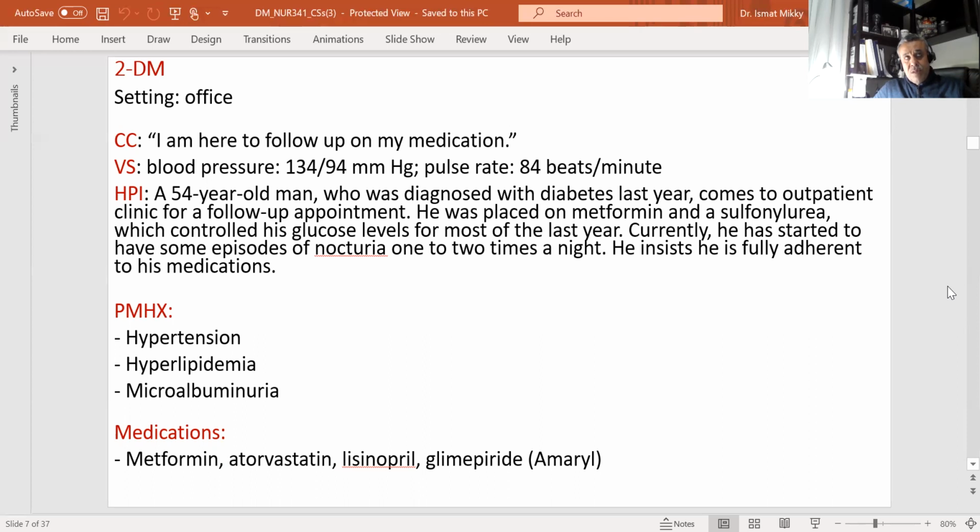So it should be discontinued a day or two before the procedure and resumed about 48 hours after the procedure.